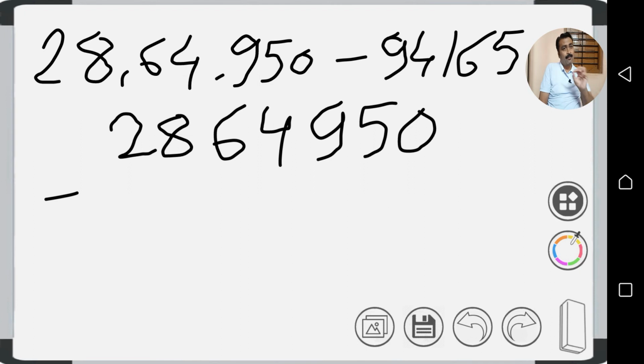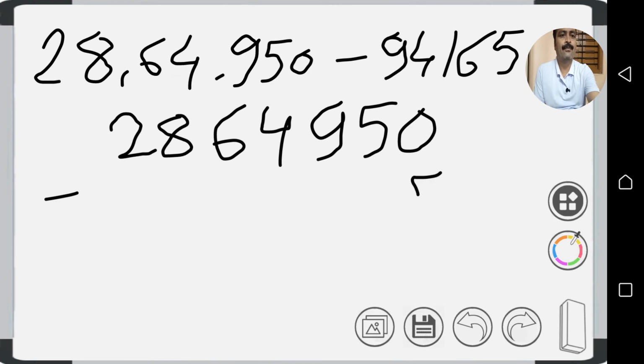Now while arranging second number below this, some students take second number direct way, and in that direct method they start 94,000 below 28 lakh, and they got mistake here. So while arranging second number into this example, we start in opposite way. That means we had to arrange second number from ones place. So in second number, ones place is of 5.